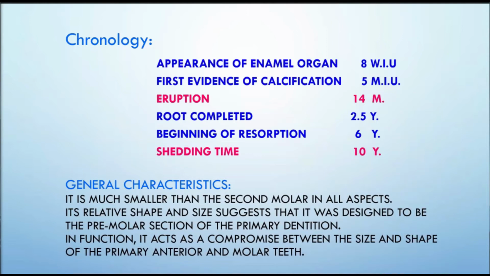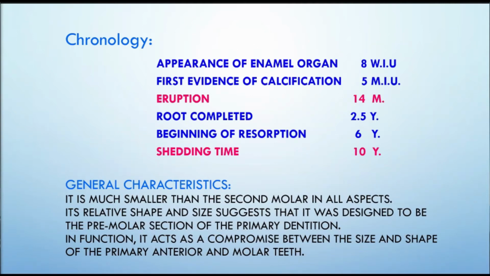If we classify the deciduous teeth and keep a place for the premolar, then definitely we would say that the maxillary first deciduous molar is actually a premolar. The shape and size is like this. Its relative shape and size suggest that it was designed to be the premolar section of the primary dentition.